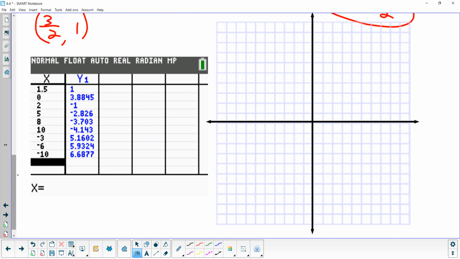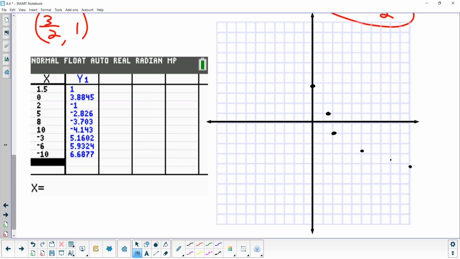So 1.5, 1; 0, 3.8; 2, -1; 5, -2.8, 1; 2.8; 8, -3.7, 1; 2, 3.7; and 10, -4.1. Okay, so we got that.